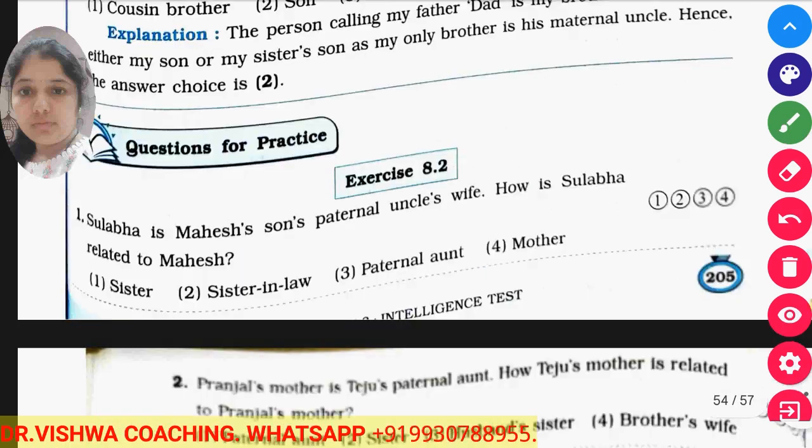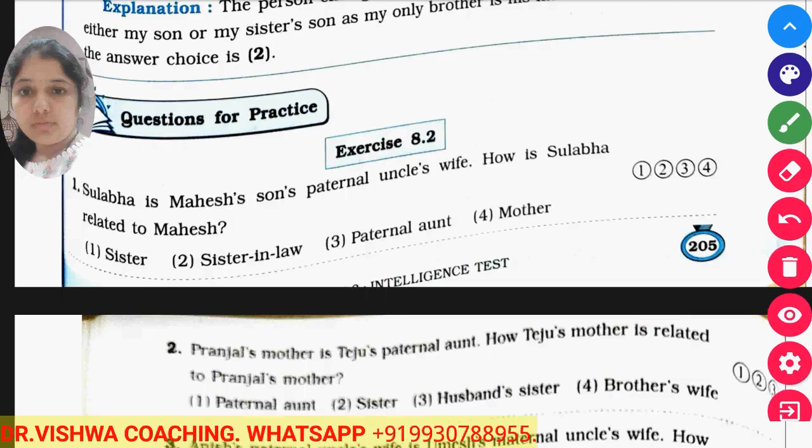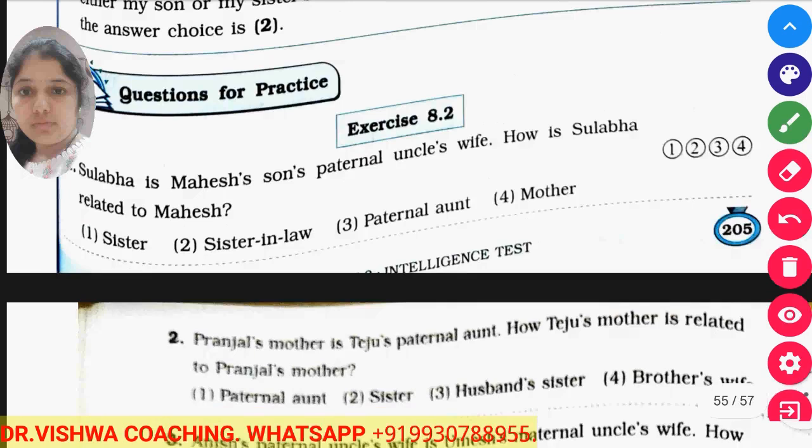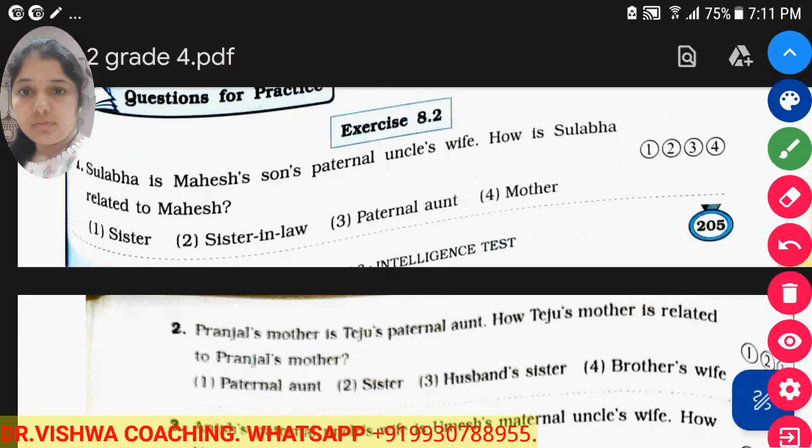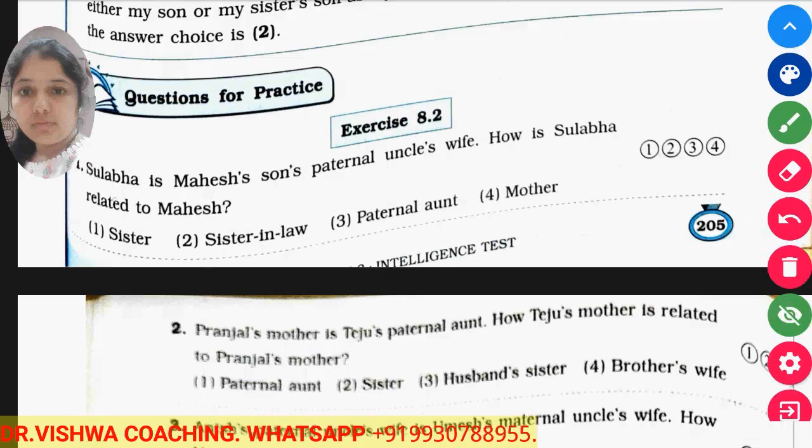So Sulabha is Mahesh's son's paternal uncle's wife. How is Sulabha related to Mahesh? Now see, Sulabha is Mahesh's son's paternal uncle's wife.